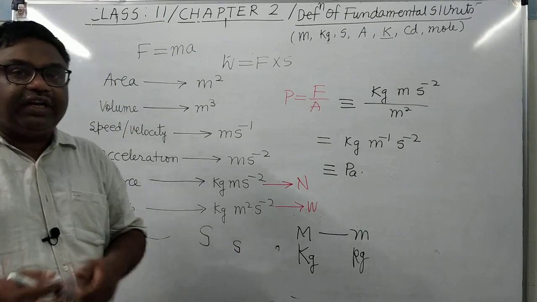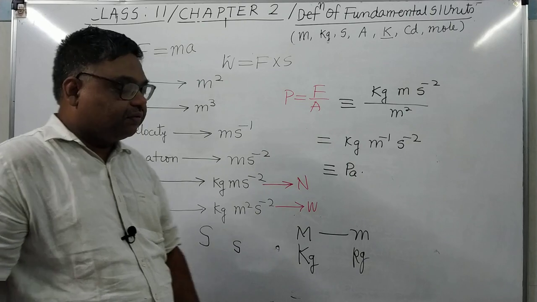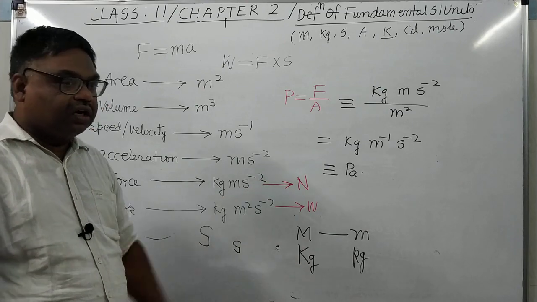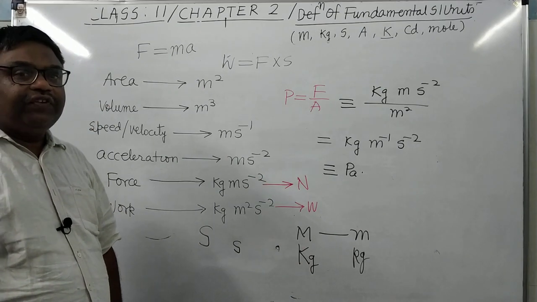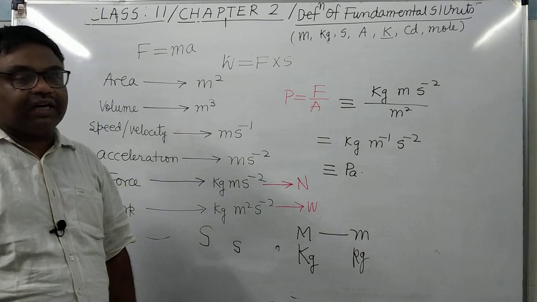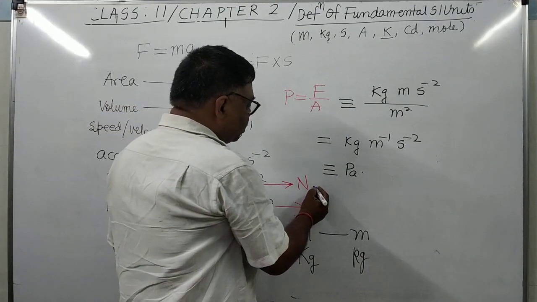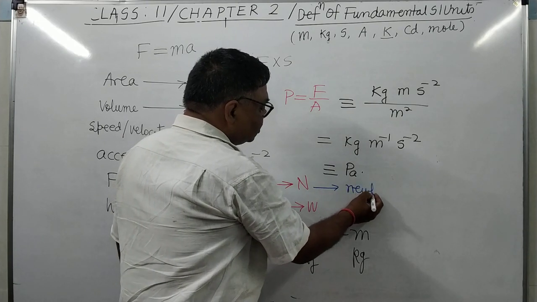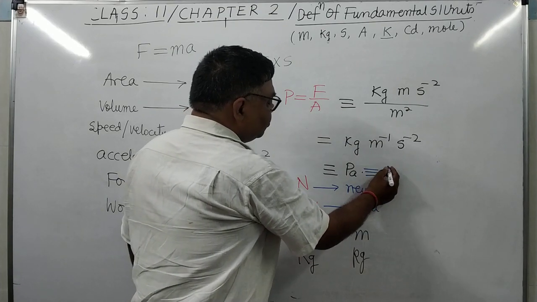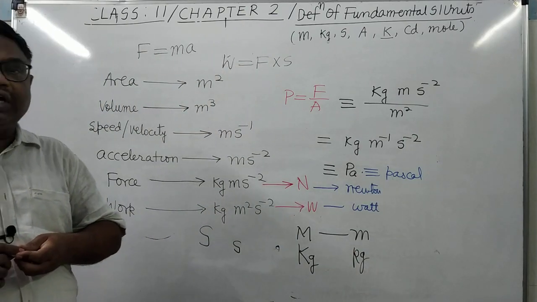But if the unit is named after some scientist, for example Newton or James Watt, then if it is written in symbol form, the symbol will be written with a capital letter, that is capital N. But if you have to write the complete name, such as newton, you will start from the small letter.